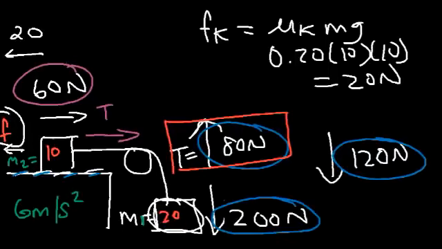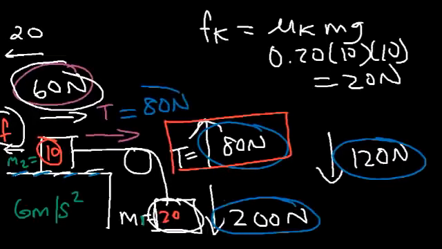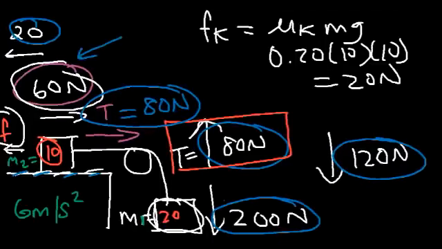Keep in mind, the 60 is the net force acting on the 10 kilogram object. If you focus on the 10 kilogram object, it's being pulled to the right by an 80 newton tension force, which is slowed down by the 20 newton frictional force. So 80 minus 20 gives you a net force of 60.